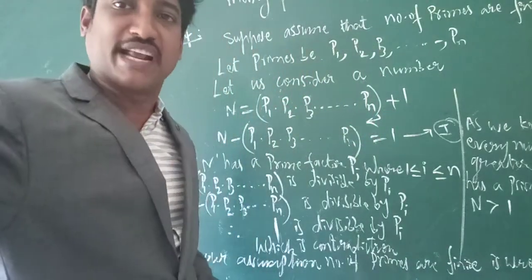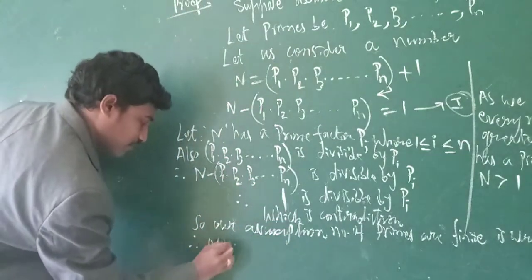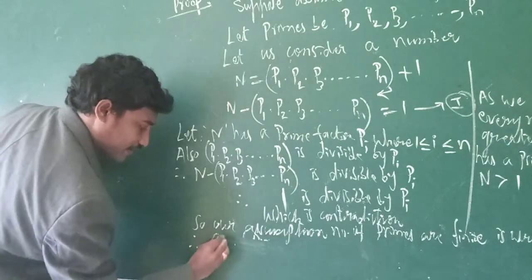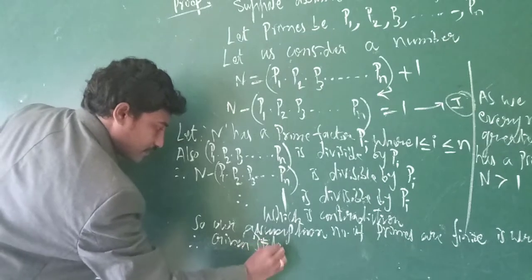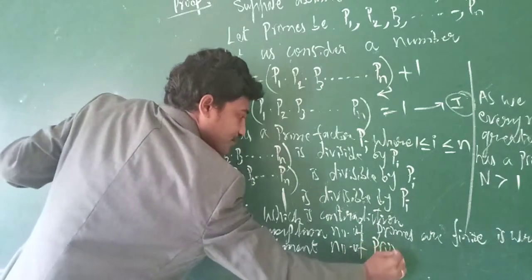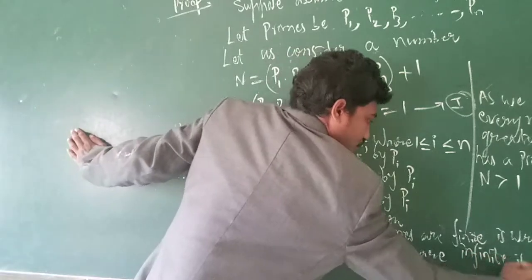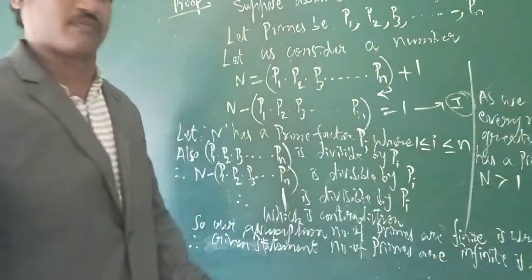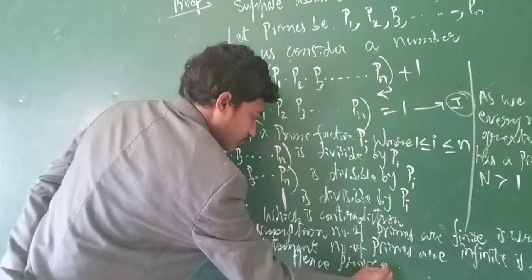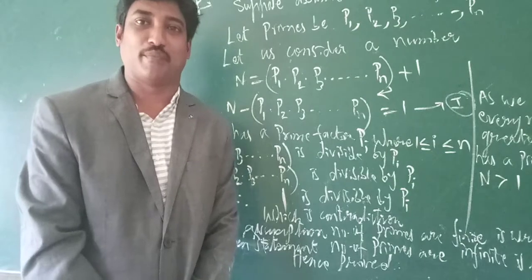So we can finally conclude number of primes are infinite. Therefore the given statement, number of primes are infinite, is true. Hence proved. There are infinitely many prime numbers.